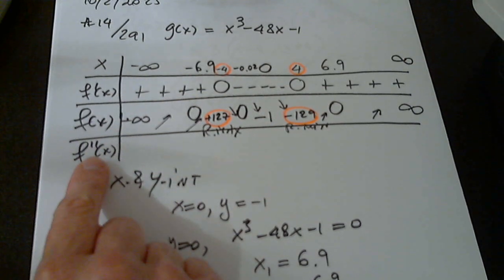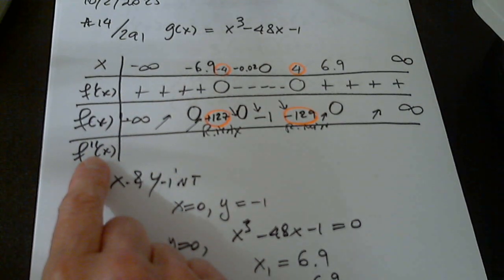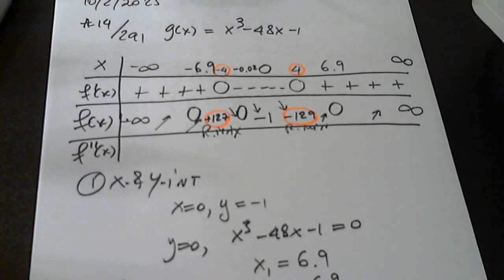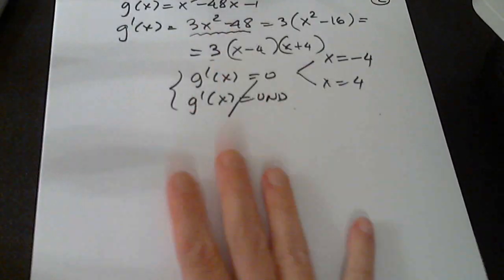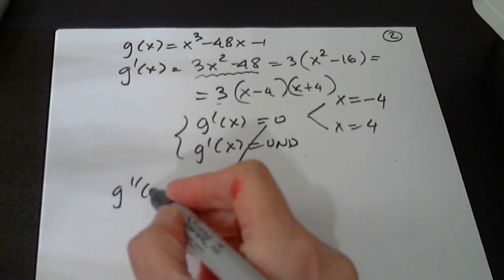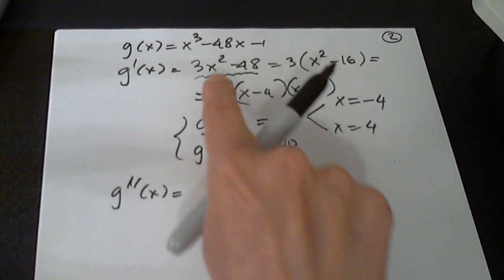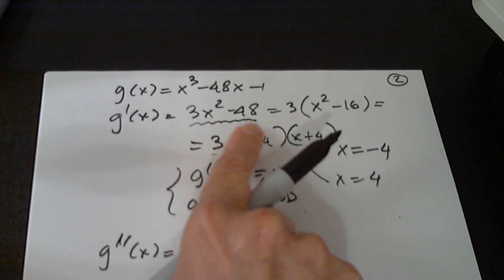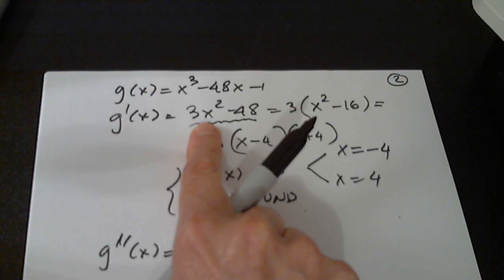Now we have to study the second derivative because the second derivative tells us concavity and inflection points. So we go back. Here's the second derivative, G double prime of x. This is the first derivative. Can anyone give us the second derivative? 6x.